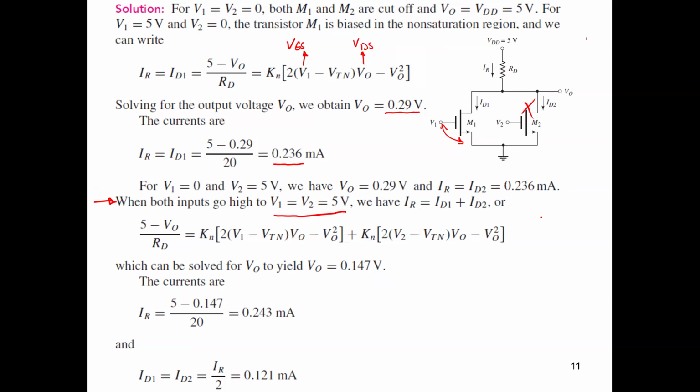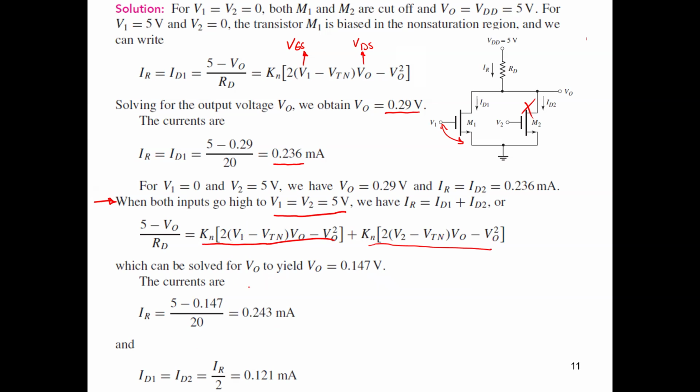So 5 minus V out divided by RD equals the same equation, the first current and the second current. And as you can see, guys, V1, V2, VTN, VTN, V out, V out, it's going to be the same. So we can say 2 times this equation. You don't need to repeat it this way.